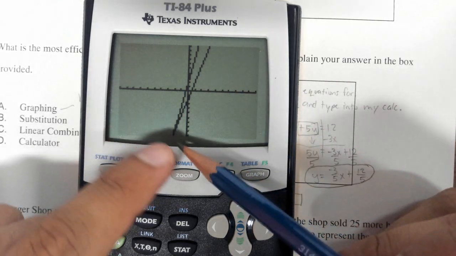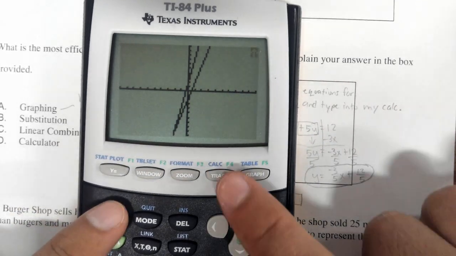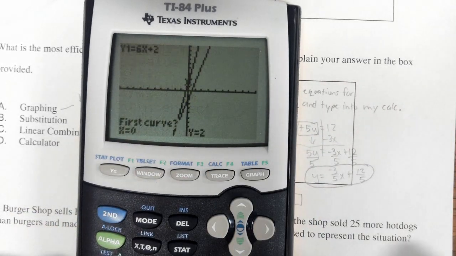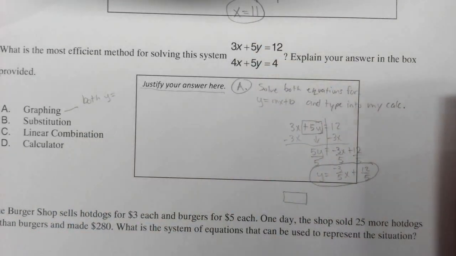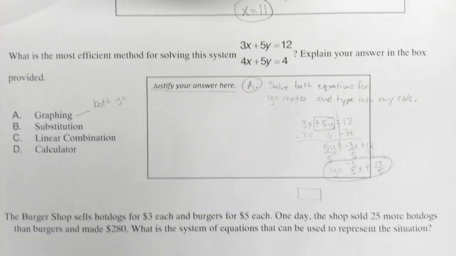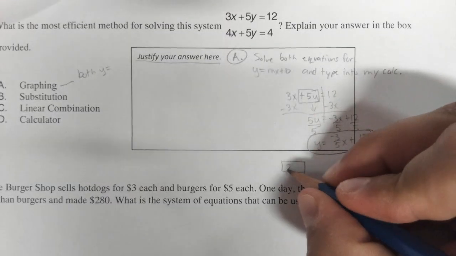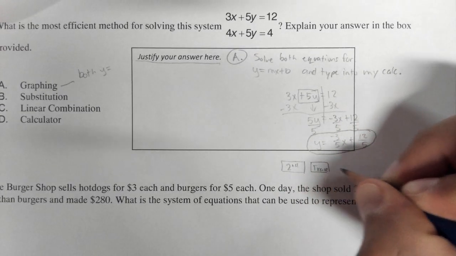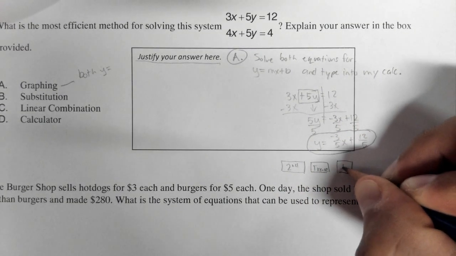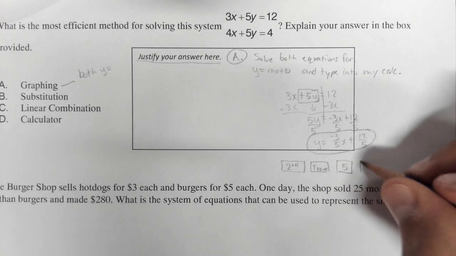But if you can't really tell where those two lines cross, then you're hitting second trace 5. And whatever equation you typed in, that would give you the point of intersection. So your teachers might want you to also say, well, I hit second, trace, and then the number 5. And then enter however many times.